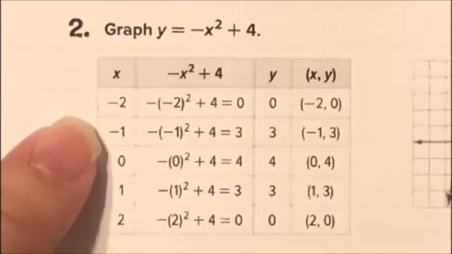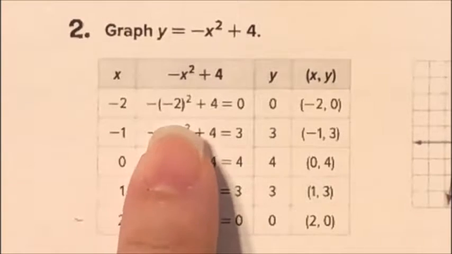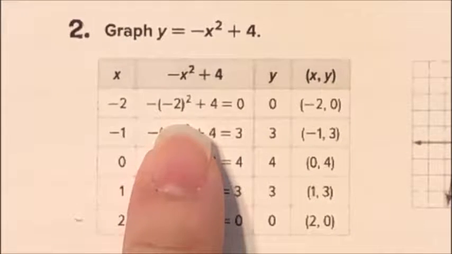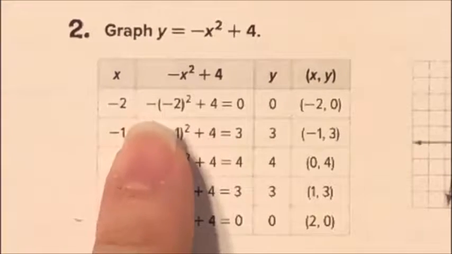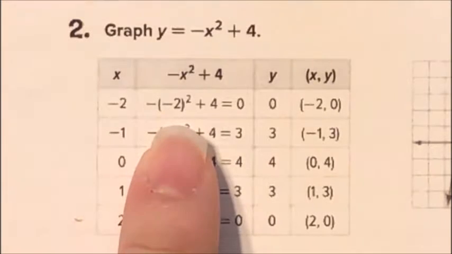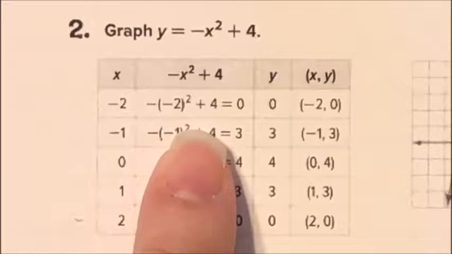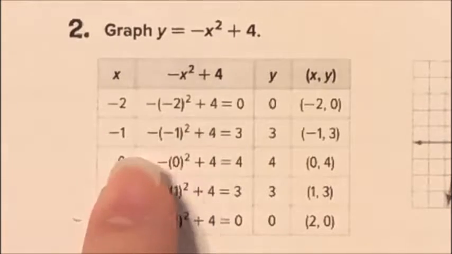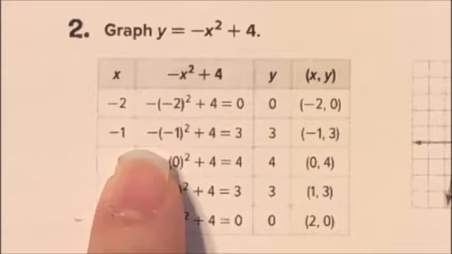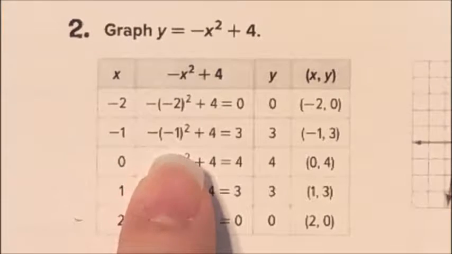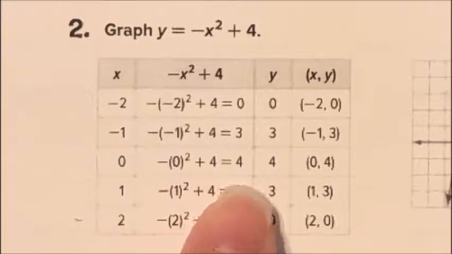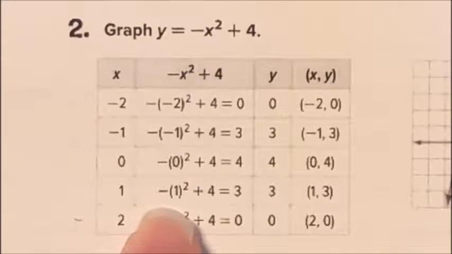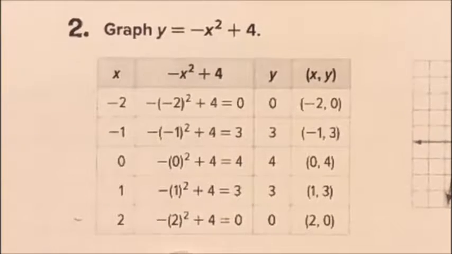Again, I picked the same numbers, -2, -1, 0, 1, and 2, and I plugged them in. -2 squared is 4, with the negative out in front it's -4, plus 4 equals 0. 1 squared is 1, and I have that negative out in front, so -1. -1 plus 4 equals 3. 0 squared plus 4 is 4. 1 squared is 1, -1 plus 4 is 3. 2 squared is 4, -4 plus 4 is 0.